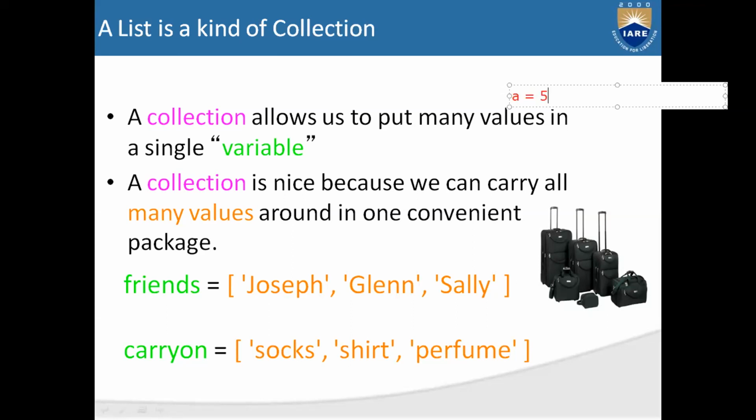Then what is the data type of A? Int, right? How many values can A store? For example, I am using A is equal to 6. Then what is the value stored in A now? 6. That means at a time, a single value will be stored actually.